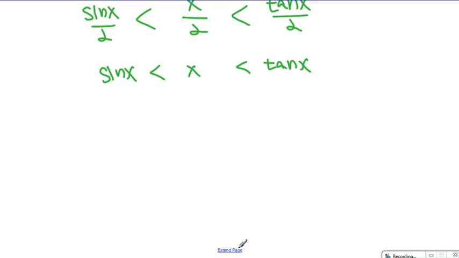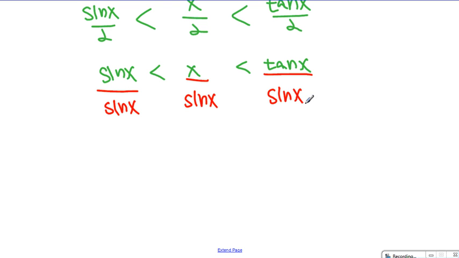Now what we'd like to do is divide all 3 sides by sine of x. Then you will realize something quite interesting. The left side becomes 1, the middle becomes x over sine of x, and the third side becomes simply 1 over cosine of x.